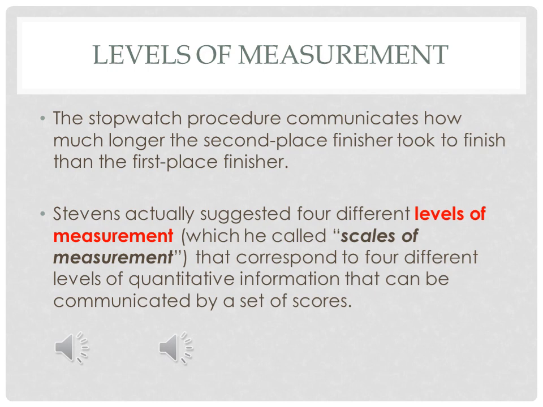We have already mentioned the scaling techniques in the starting itself, the introduction to measurement and some of the scaling techniques. Stevens referred to them as scales of measurement, and it is all related to levels of quantitative information that can be understood, or communicated, by a set of scores.